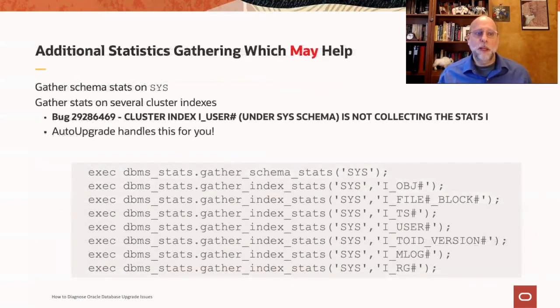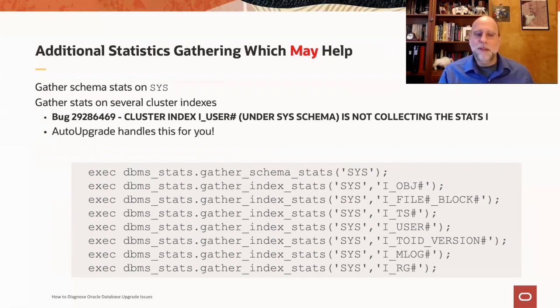Some other things may help, actually, let me get to this first. On top of dictionary and fixed object stats, we have found cases where just gathering stats on the entire SYS schema will help. Not always, but sometimes it will. And then specifically these cluster indexes, which are listed here.